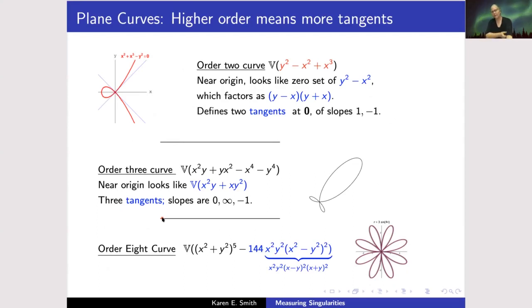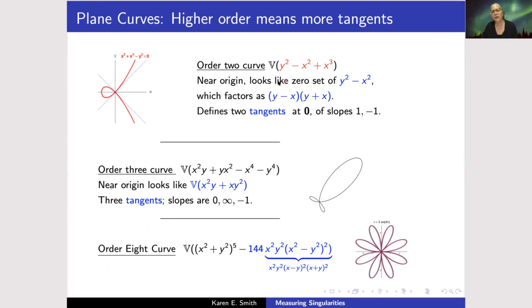Okay, so let's think about what this invariant, this order, means. For example, for this order 2 curve, this is the alpha curve again here in red. If we think about near the origin, these lower order terms, the degree 2 terms, as we take very, very small values of x and y, are going to dominate the story of what's happening with this function, because the higher order terms will be going to 0 even faster.